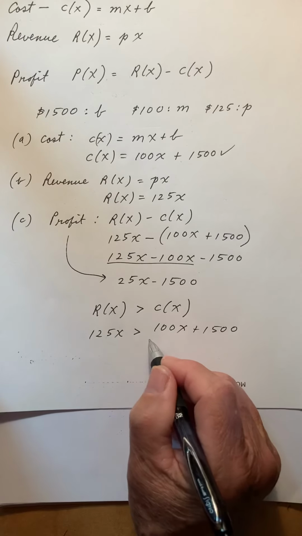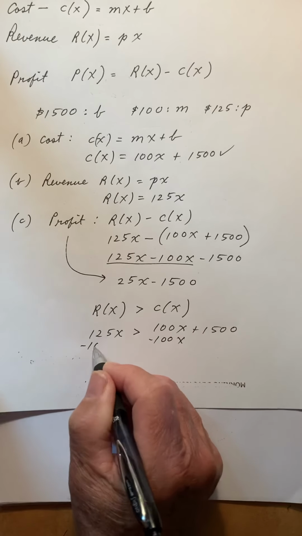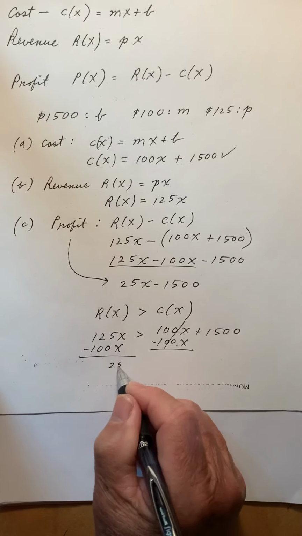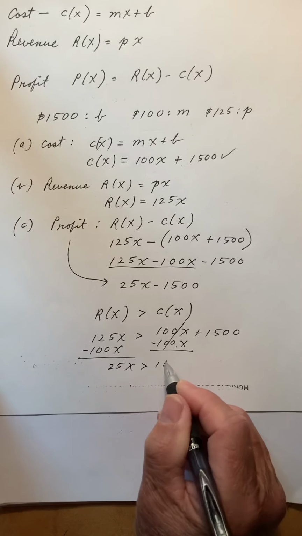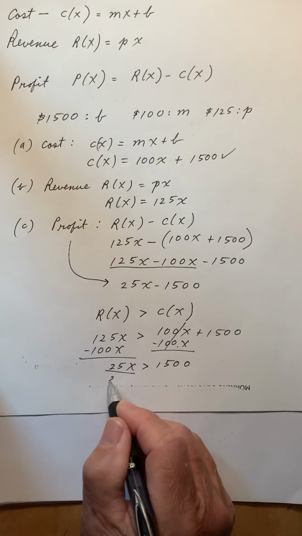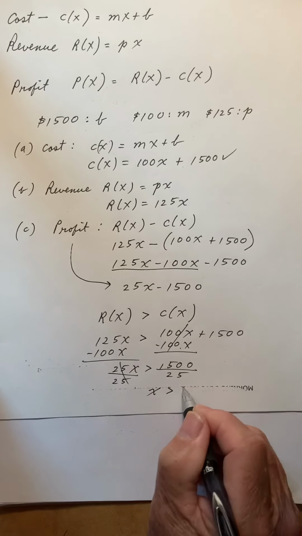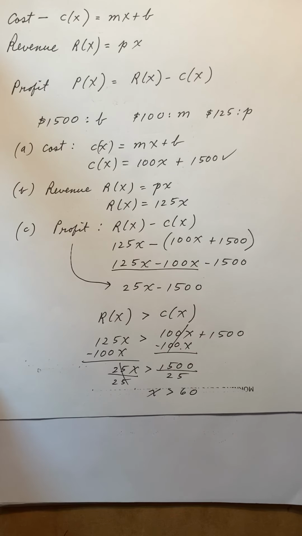If we subtract 100X from both sides, this column would cross off here. We get 25X is greater than 1,500. Divide by 25, and X would have to be greater than 60. So any amount of items that you produce over 60 items will give you a profit. Anything less than 60, you won't make a profit, you'll take a loss.